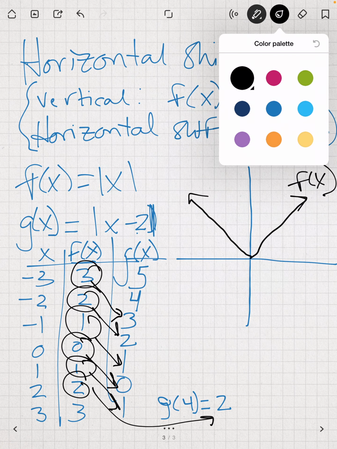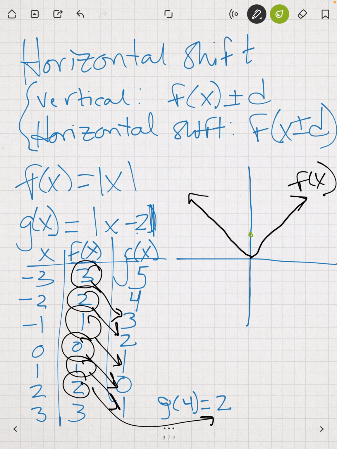And so what happens if we plot these points? At 0, we're at 2. At -1, we're at 3. At -2, we're at 4. At -3, we're at 5.